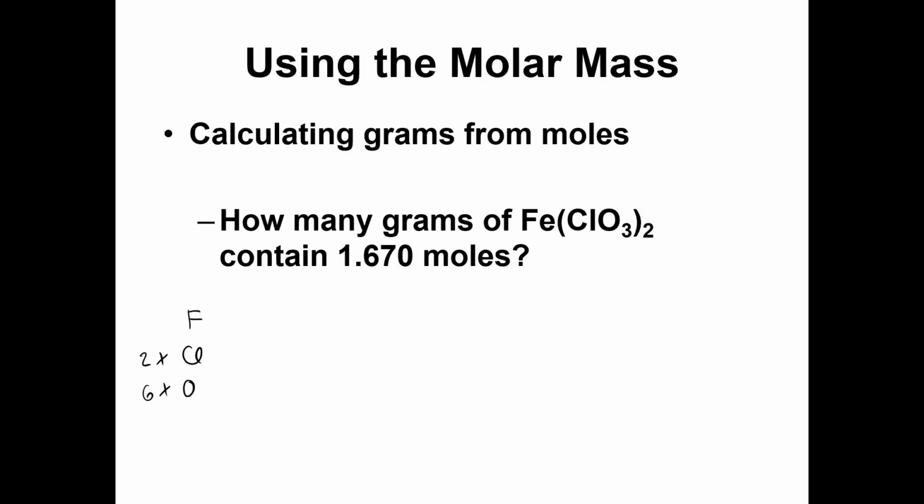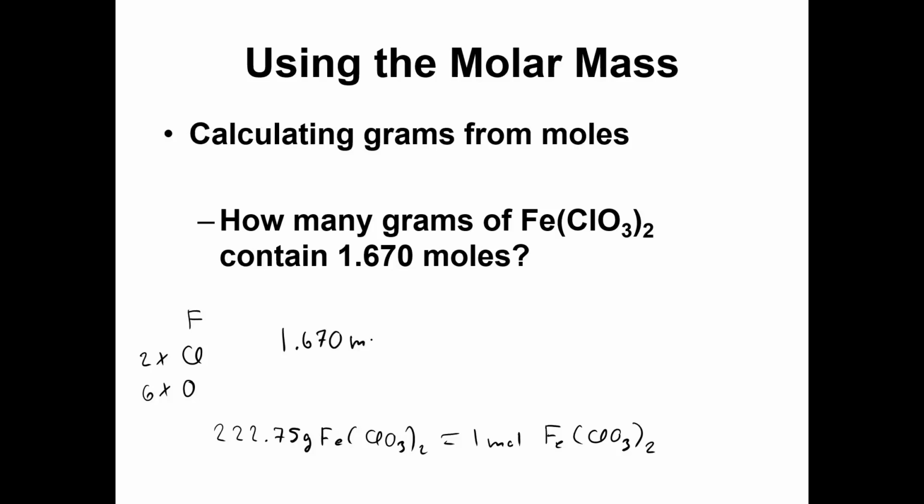You look that up in the periodic table, add it all up, and you get 222.75 grams of Fe(ClO3)2 equals 1 mole of Fe(ClO3)2. Alright, so now we can do the calculation.